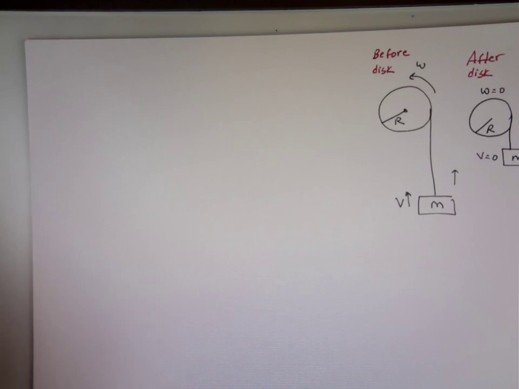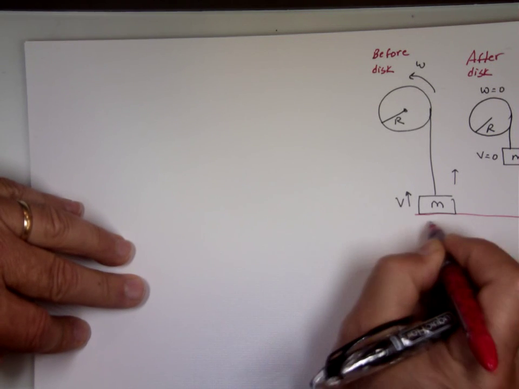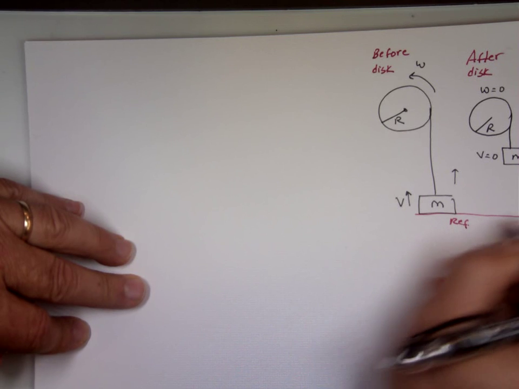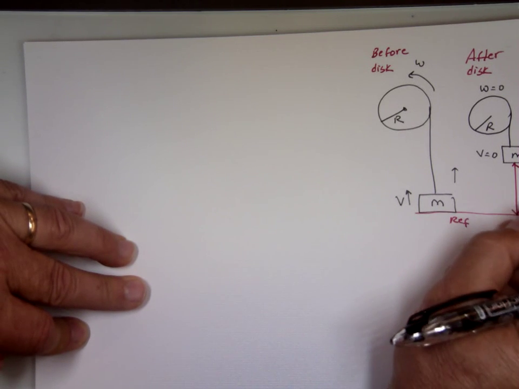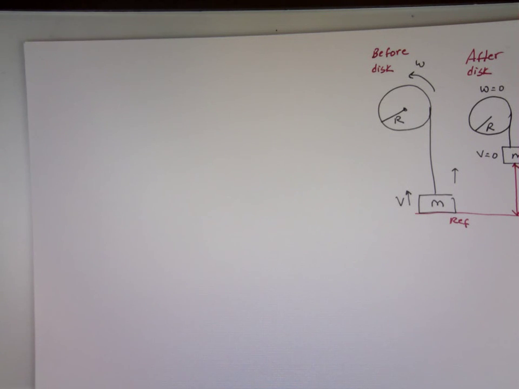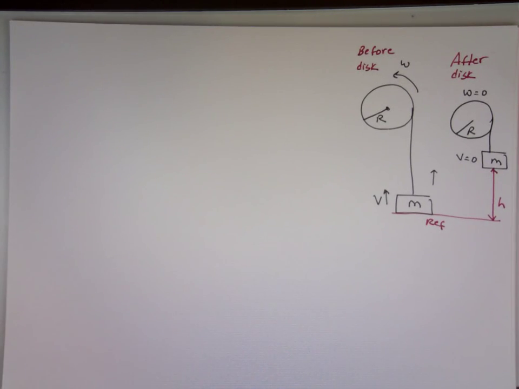I'm going to use this as reference. What I'm looking for, how high does the weight rise? What's that height? Again, neglect friction, no slipping there.